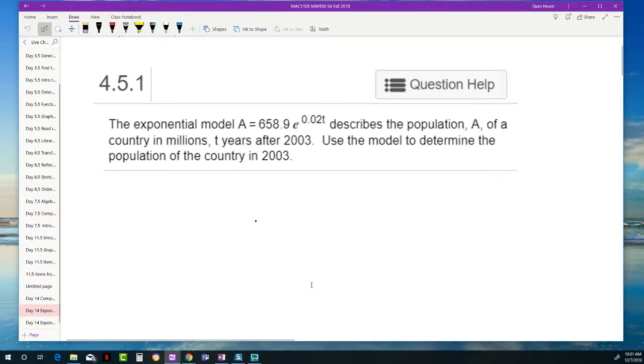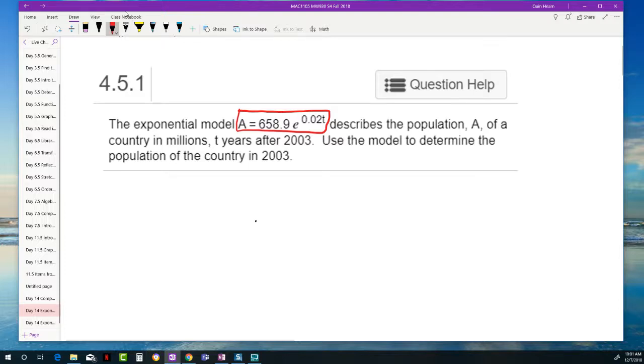Use the model to determine the population of the country in 2003. Okay, so here they're giving us a model. It's a type of model that comes up a lot. And we're going to talk about the form of the model in a minute. But right now we're just going to use it as a formula.